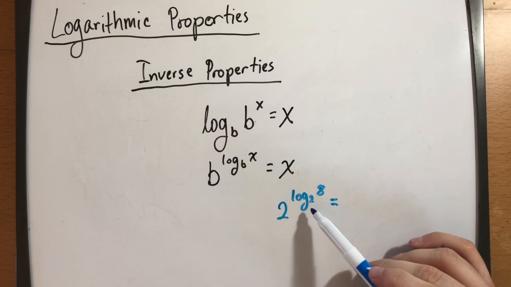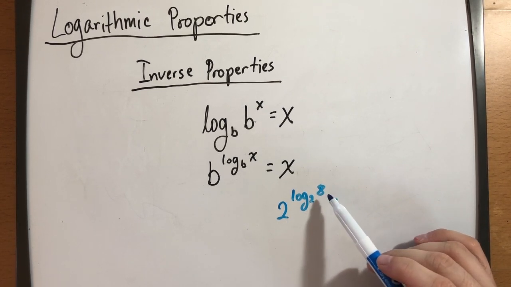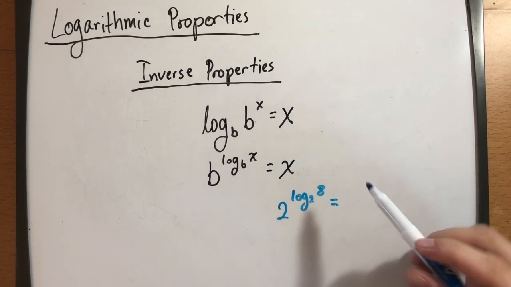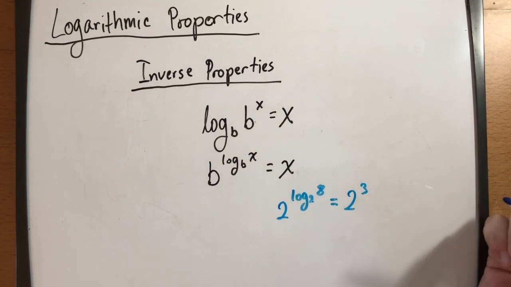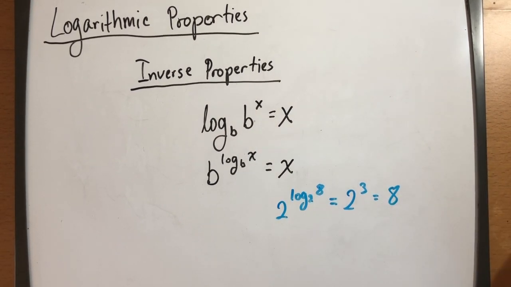You see here, log base 2 of 8 is 3. Here I solve for the exponent. So what do I have to raise 2 to so that it's equal to 8? And that is 3, because 2 cubed is 8. So we find out that this is 3. So 2 raised to the 3 is equal to 8. You see, they undo each other because they are opposite operations.